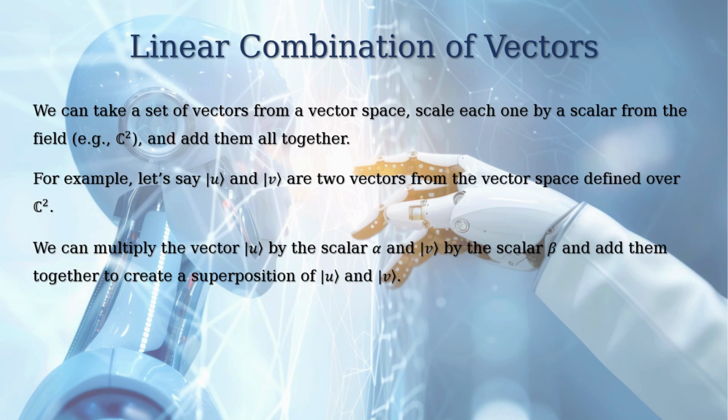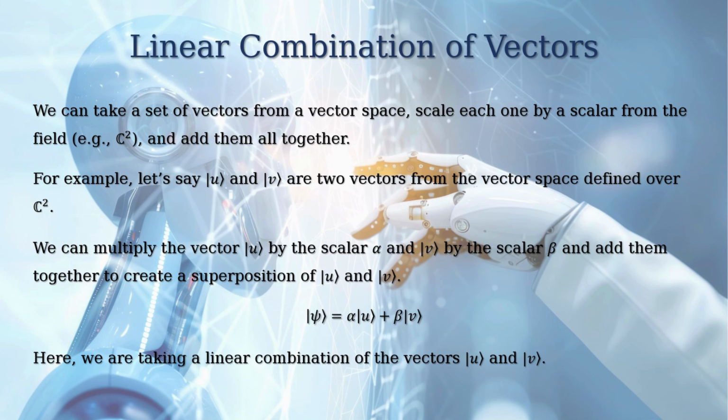We can multiply the vector K2 by the scalar alpha and Kv by the scalar beta and add them together to create a superposition of K2 and Kv. Here we are taking a linear combination of the vectors K2 and Kv.